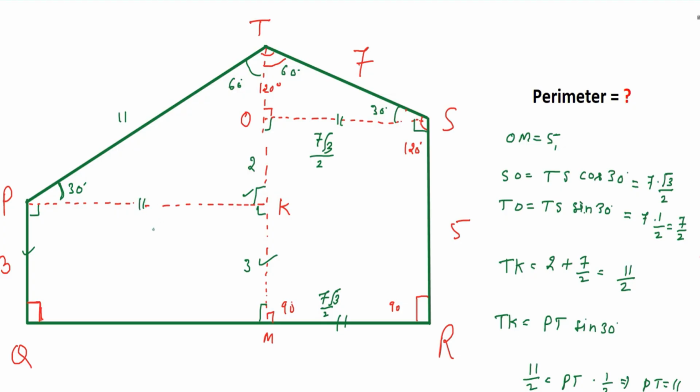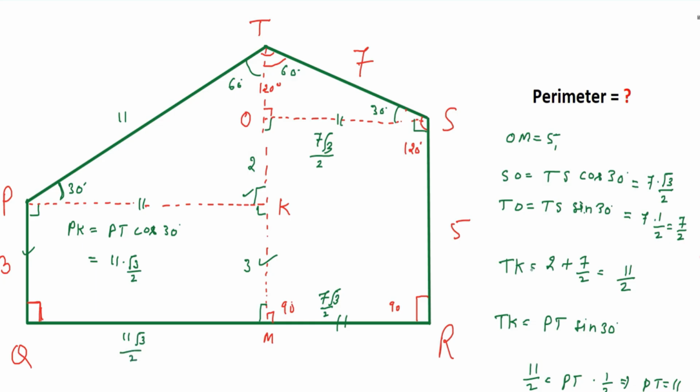So if we find PK, that means we have found QM. In triangle TKP, this side length PK can be given as PK is equal to PT cos 30 degrees. So PK will be PT, that is 11 units, times cos 30 degrees, square root of 3 divided by 2. That means QM is 11 square root of 3 divided by 2.